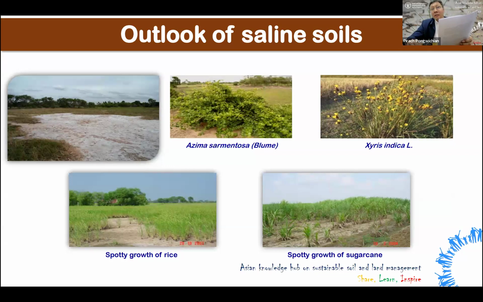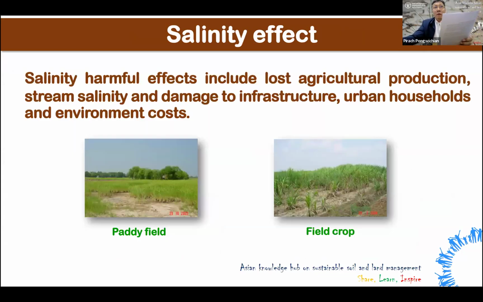And you can see spotty growth of rice or other cash crops. Salinity's harmful effects include loss of agricultural production, stream salinity, and damage to infrastructure, urban household, and environment costs.